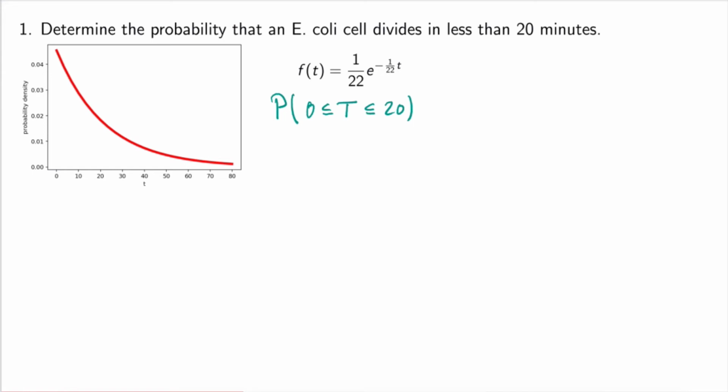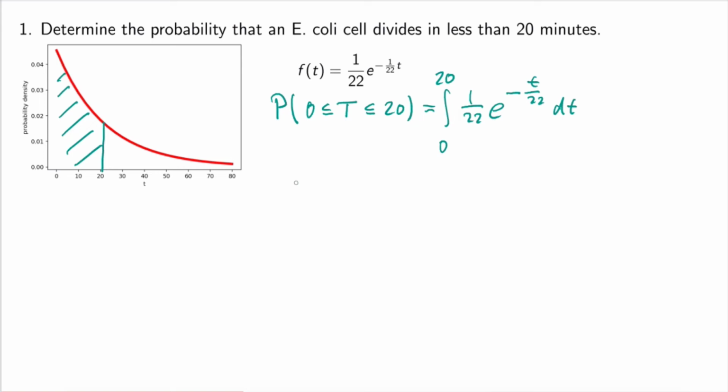The probability density function is given, so then the probability is simply an integral. It's the integral from 0 to 20 of 1 over 22 e to the minus t over 22 dt. Graphically, it is this area here where I integrate from 0 to 20.